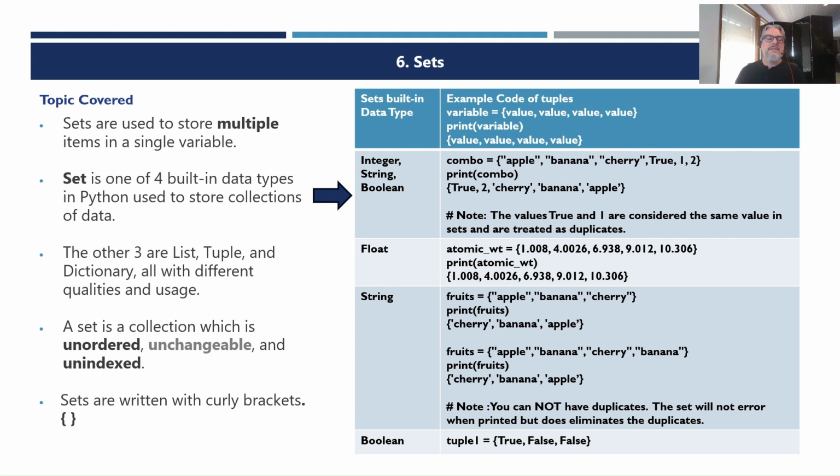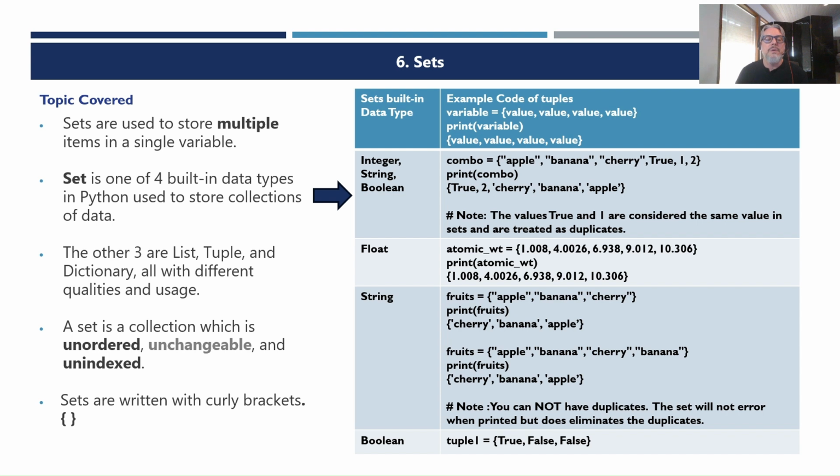So if you look at the table, integer, strings, boolean, we can mix those in a set. So the set is opened by a curly bracket, and this is a coding example. If you look above at the table, it says example code, and then variable equals curly bracket value, value, value, value.